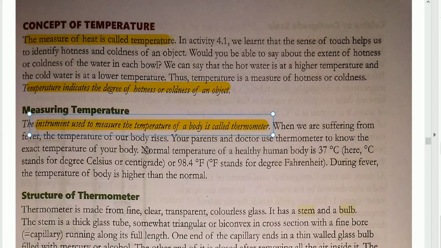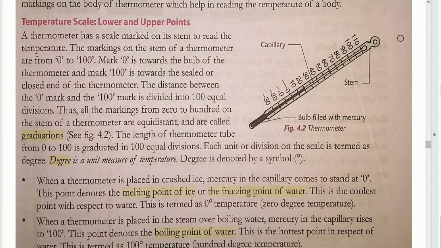So we have seen our normal body temperature is 37 degrees Celsius, or we can say it is 98.4 degrees Fahrenheit. Okay, so let's see how a thermometer looks.